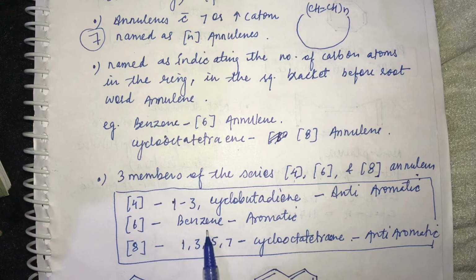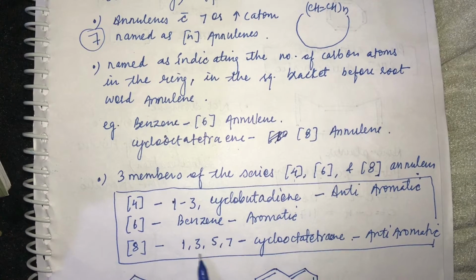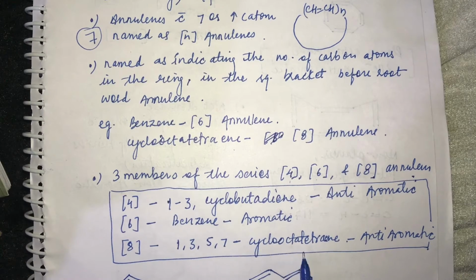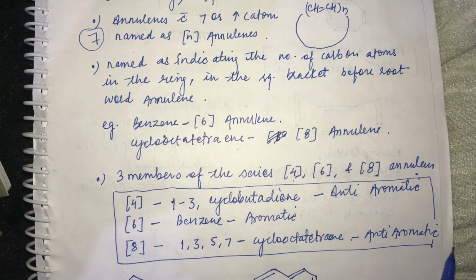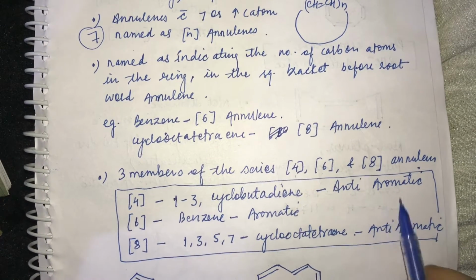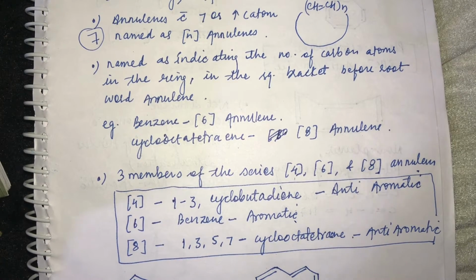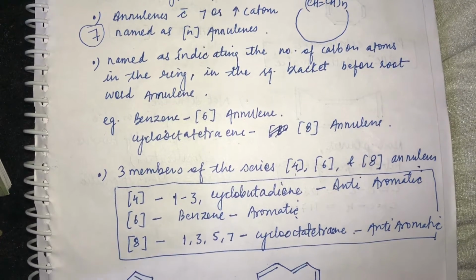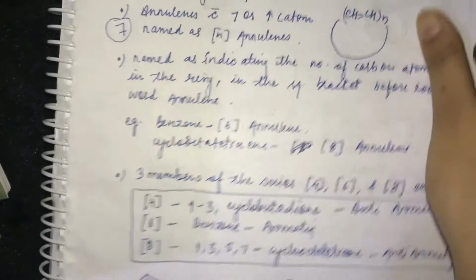At 6 we have benzene, which is aromatic, and at 8 we have 1,3,5,7-cyclooctatetraene, which is anti-aromatic. Of these, we have seen that cyclobutadiene is anti-aromatic, benzene is aromatic, and cyclooctatetraene is anti-aromatic. So we can see the structures.